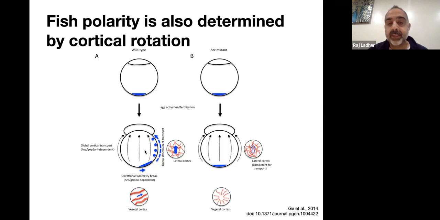This causes enrichment on one side of the embryo of particular dorsal determinants, and even now those dorsal determinants aren't fully understood in fish embryos.